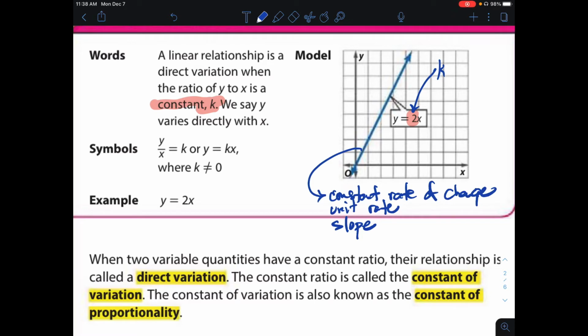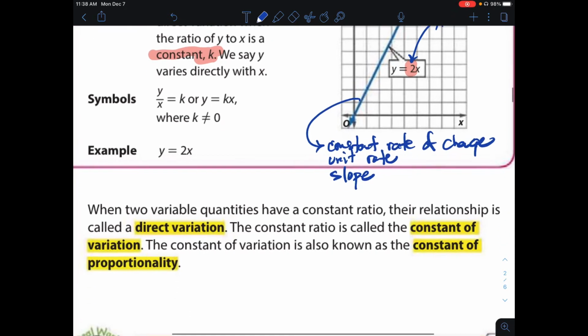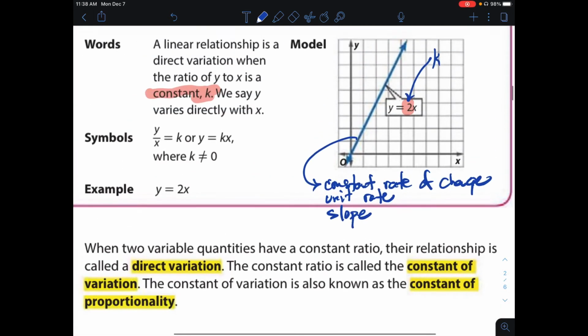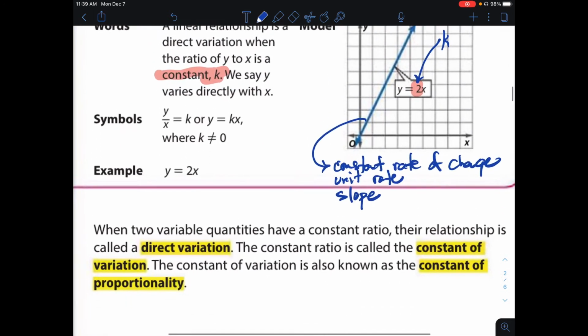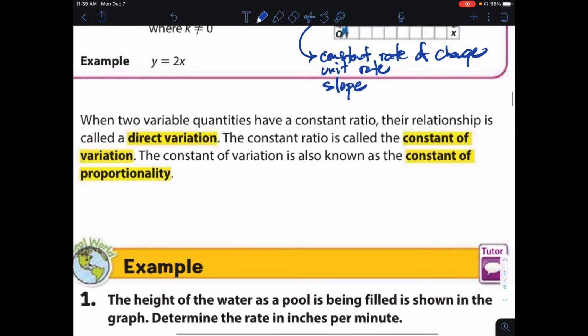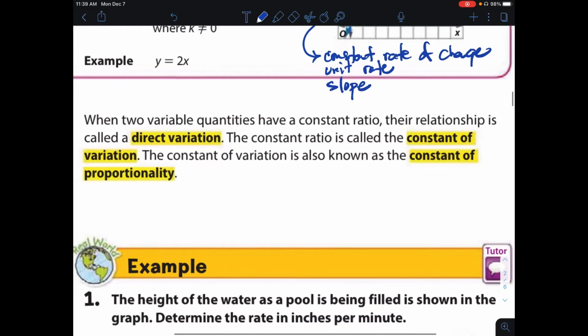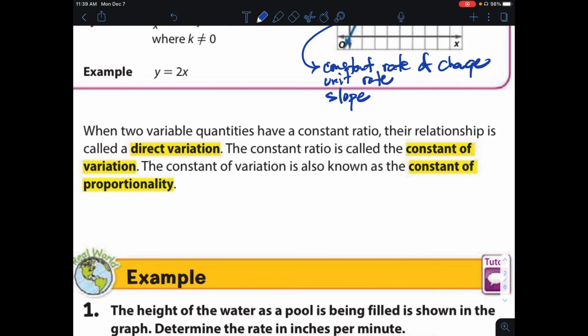And we will add more to these definitions because in the bottom, when two variable quantities have a constant ratio, just like what we learned in the real world example, the relationship is called a direct variation. So if they have a constant ratio, it is called a direct variation. The constant ratio is called the constant of the variation.